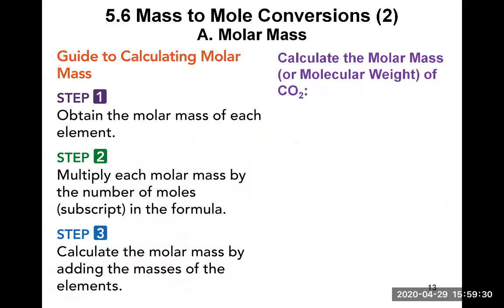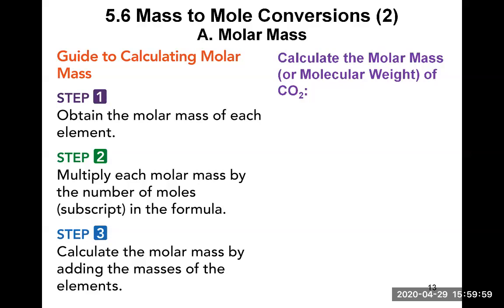So we will learn how to calculate molar masses for a compound, because the molar masses on the periodic table are just for the elements. To calculate the molar mass of a compound, you will add the molar masses of the elements, but by taking into account the number of atoms of that element in the formula of the compound.